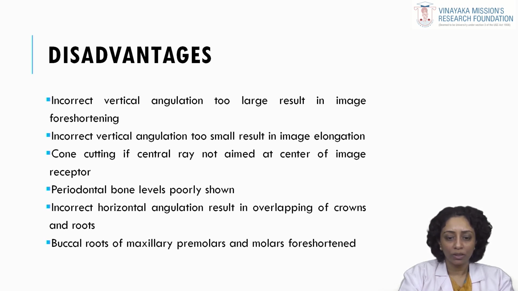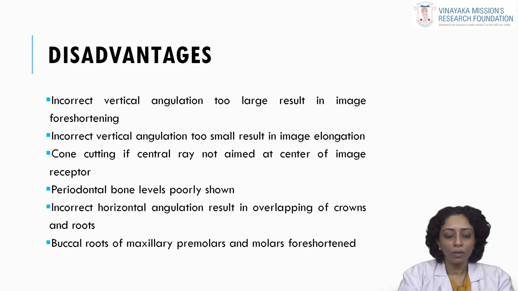If the vertical angulation is too small, it results in image elongation. And if the PID is not positioned to the central ray, if it is not achieved in the exact position of the image receptor, then there is an error called cone cutting. So the PID's back is not placed parallel to the tooth surface. So that is one error.